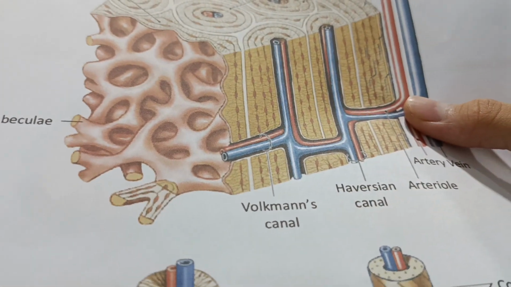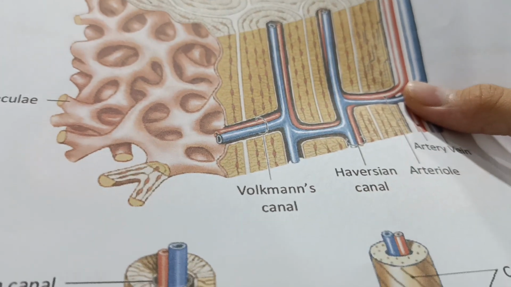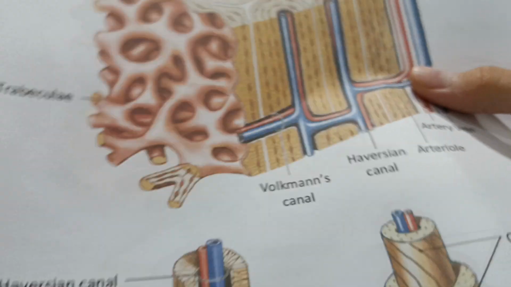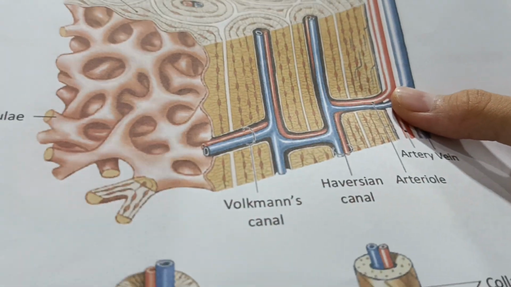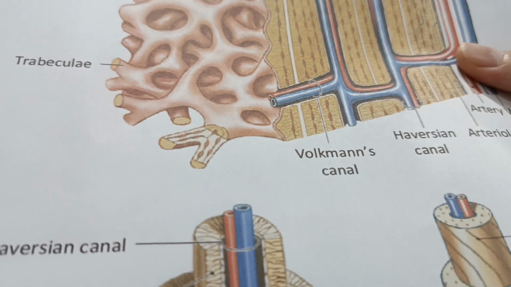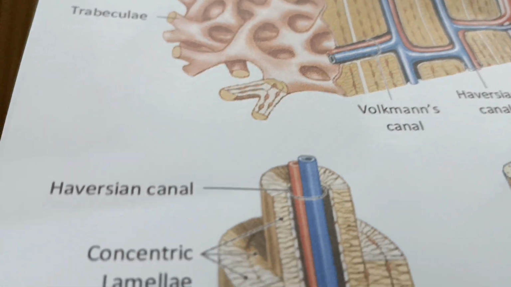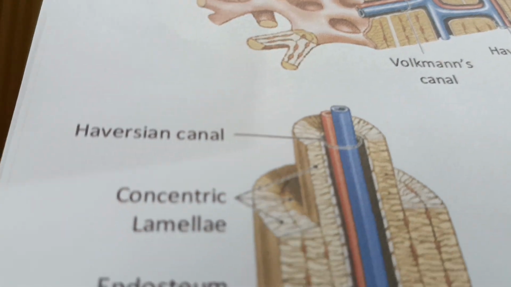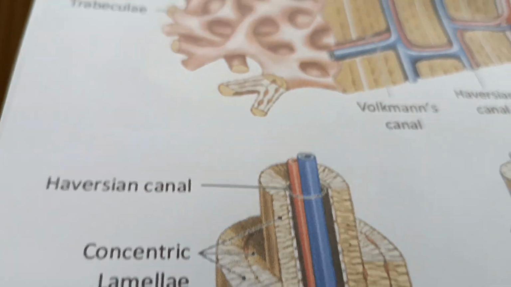The Volkmann's canals are small channels within bone tissue that allow blood vessels. As you can see, there are the veins and arteries within there, and nerves that provide nourishment. They allow the blood vessels and nerves to travel from the periosteum, which is the outer part, into the bone and connect with the Haversian canals.